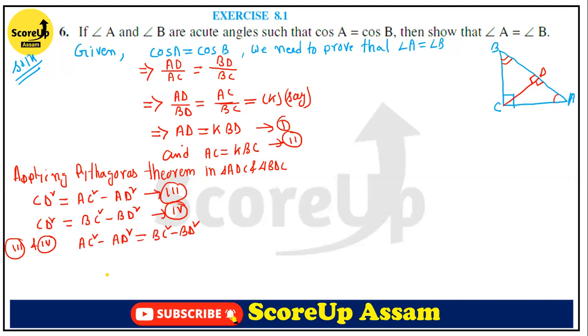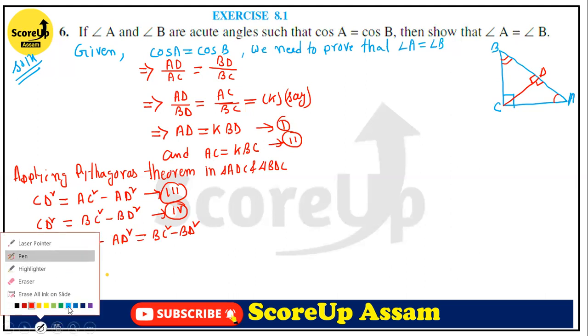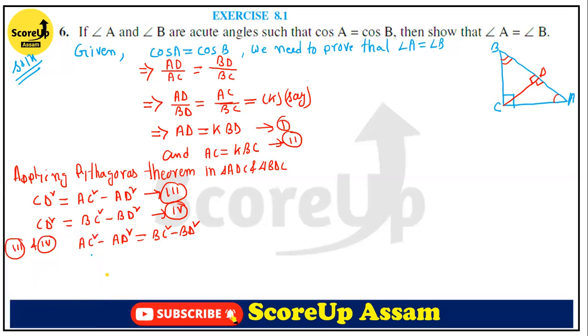Now let's substitute the values. AC is equal to what? Here AC is equal to KBC, so it will be K square BC square. The value of AD is KBD, so it will be K square BD square, equal to BC square minus BD square.